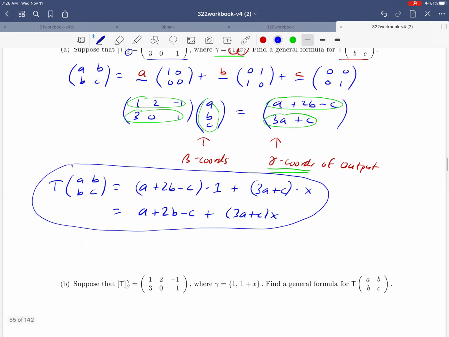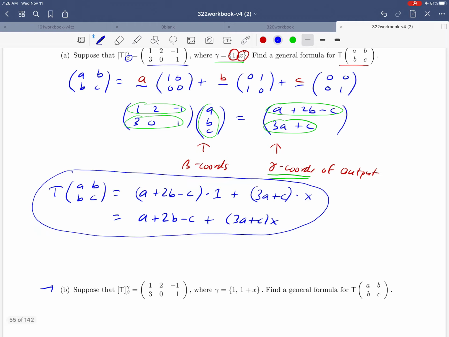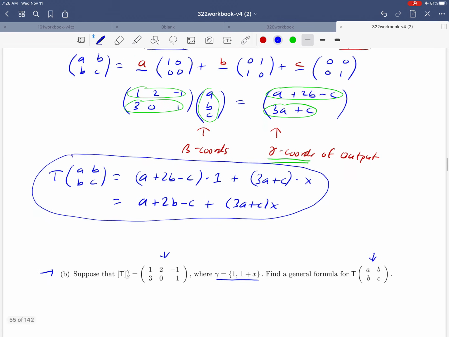Okay, we are ready for part B. And what I hope you notice is that B sounds really similar to A. Again, suppose that the matrix of T from beta to gamma is this. That hasn't changed. That's the same as in part A. The only thing that's different is that now we've changed the basis in the output. In our codomain, it looks like 1 and 1 plus x. And they'd like us to, again, find a general formula for T of [a b; b c].